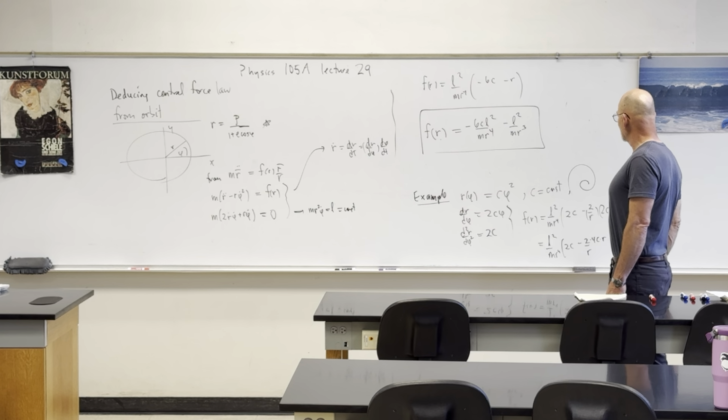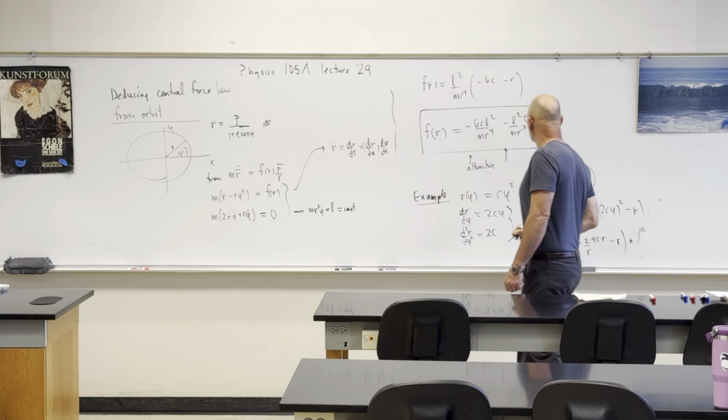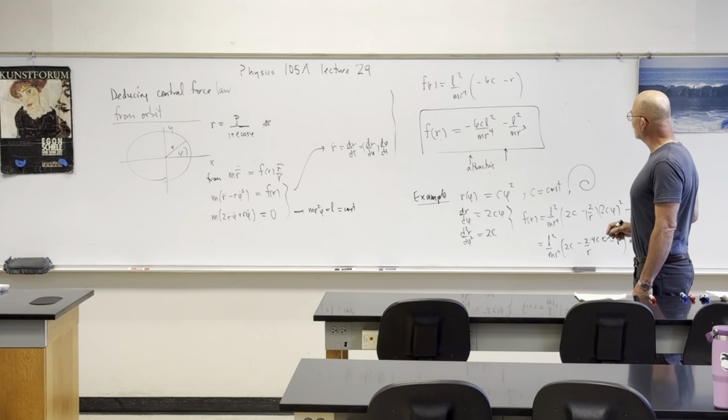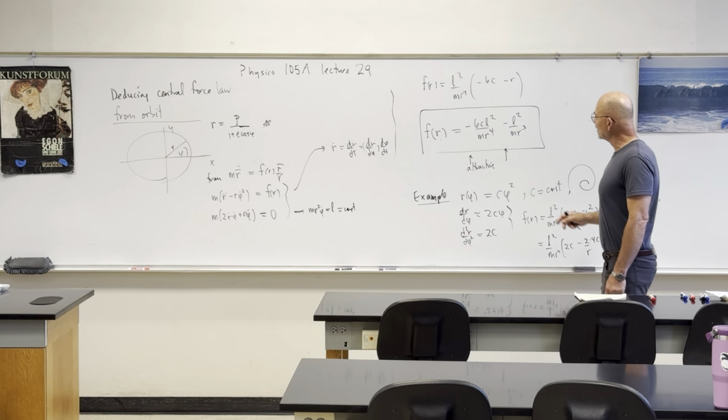Like I said, you can make these up all day. You just make up some kind of force, plug it in there and see what comes out. So I'll just put here attractive, because of the minus signs, and the 1 over r cubed. If you ever wondered what an r cubed or r to the 4th law would do, now you know.